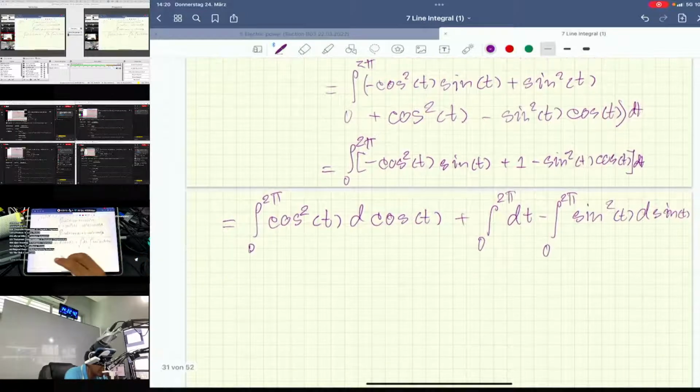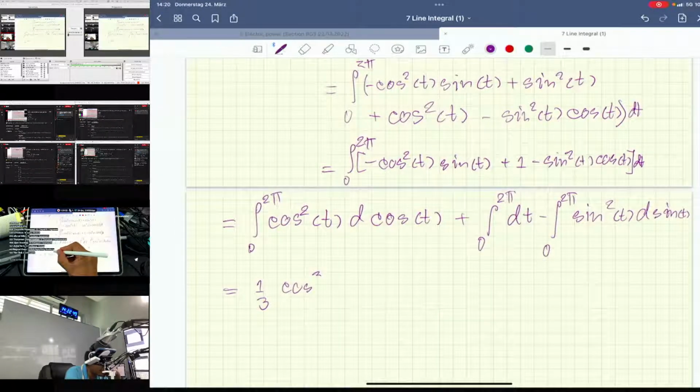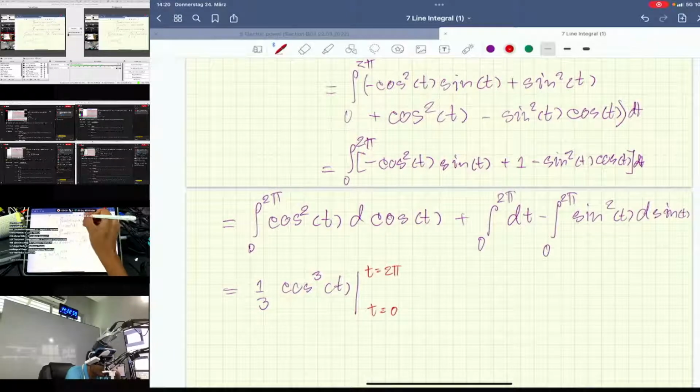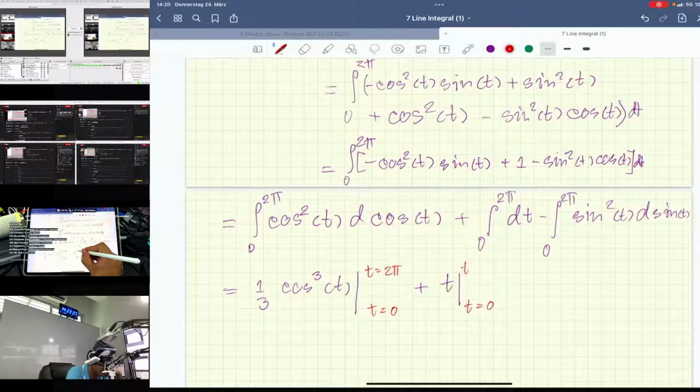And here you would have 1/3 cosine to the power of 3, when t starts from 0 to 2 pi. And the second term is t, once your t starts from 0 and again to 2 pi.